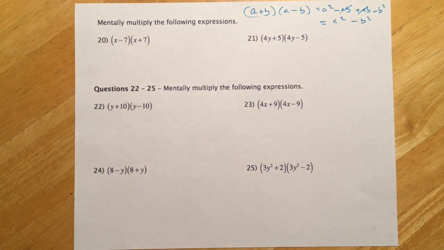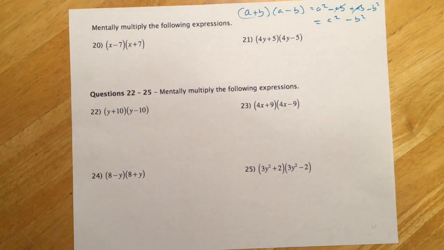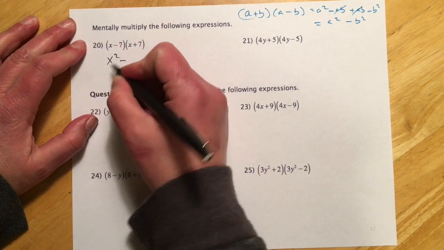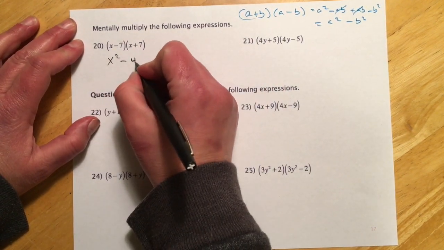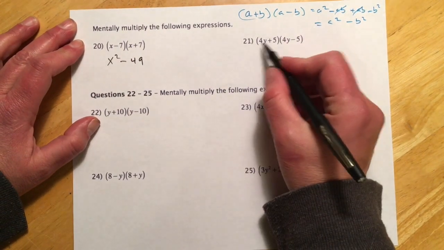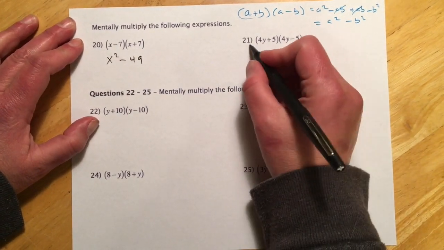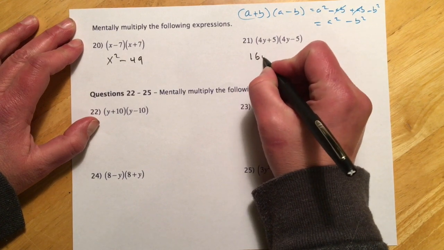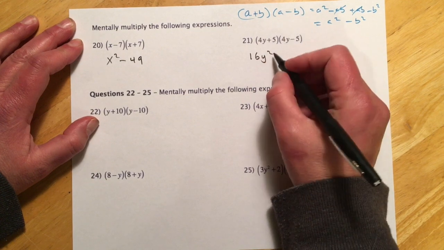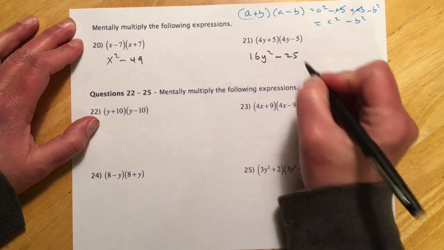So, looking at this first one, the x is the a, the 7 is the b, so x squared minus 7 squared would be x squared minus 49. Here, same idea. So a is the 4y, so 4y times 4y would be 16y squared. And then b is the 5 up here, so that's going to be minus 25.